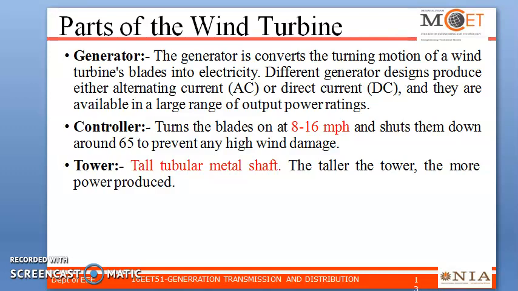The tower is built of a tubular metal shaft. It is used to build the structure as well as to bear the blades. This is the concept of the tower. So the wind turbine is a main part of the renewable energy sources. Okay, thank you students.